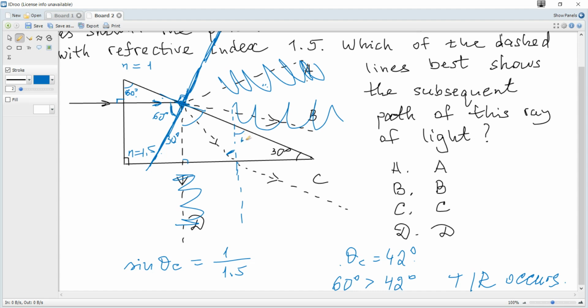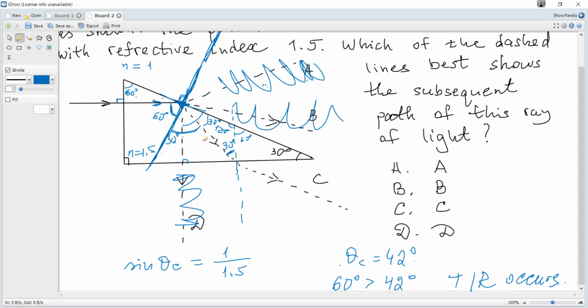It's 30, it's 60, it's 120, it's again 30, it's because it's 60, this is 60, it's 30, so this angle is 30, and it's less than 42, so no total internal reflection, and the ray will be refracted into the air.